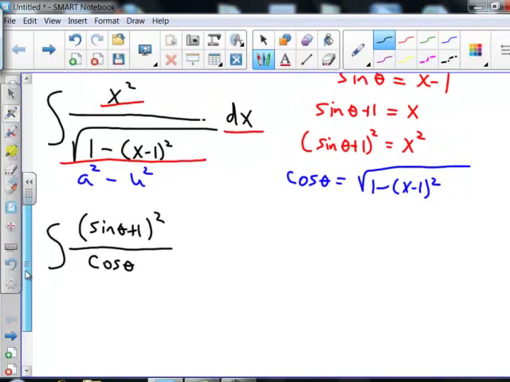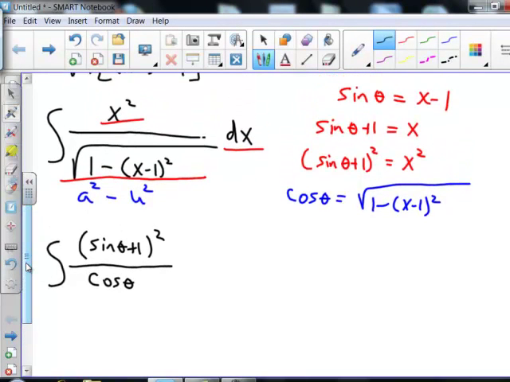Now, the next thing I still have to get rid of is dx. So, come back up here, I'll do it in red again. What I have is that the sine of theta is equal to x minus 1. So that says that the sine of theta plus 1 is x.